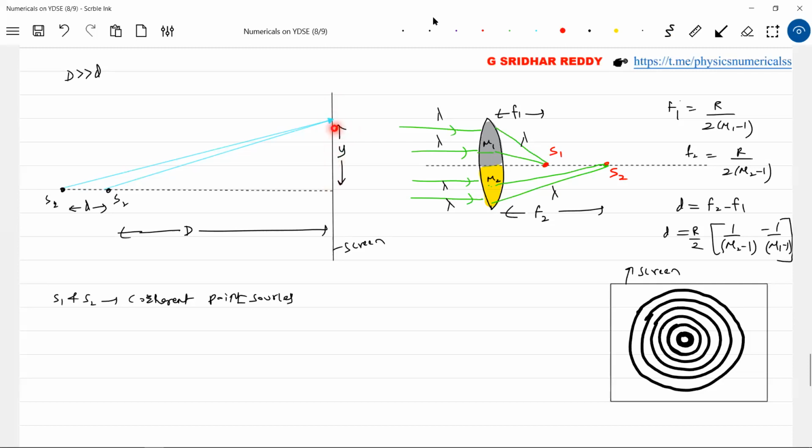Will it be a line or a plane? The screen will be a vertical plane. So on that vertical plane, go around in a circle of radius y. If this is maxima, then all the points on the circle should also be maxima. If this is minima, then all the points on that circular path should also be minima. So how will the pattern be? The pattern will be alternate bright and dark rings.